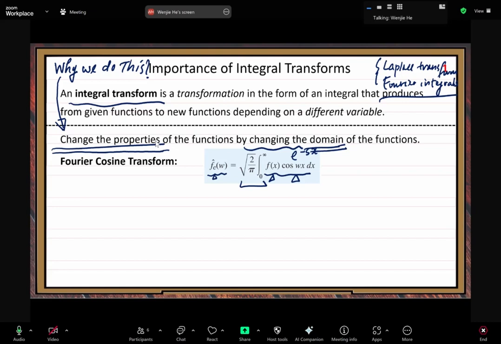Then the domain change. What's the domain change? Your original function has a domain, the x has a domain.